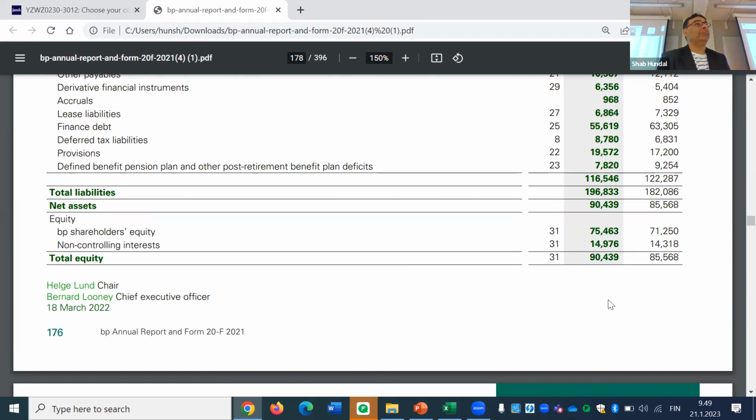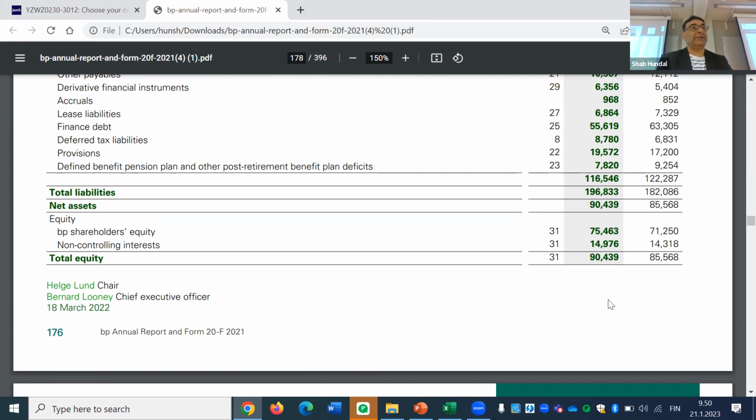Don't ask me why, but it's a kind of norm. It's not a rule, but a norm that income statements are often shown for 3 years, but the balance sheet is shown for 2 years, right? And if you want to find the previous years, because you are going to do the calculation for 5 years, it means that if you want to get the data of 21, by default, you will get the data for 2020 as well, right?